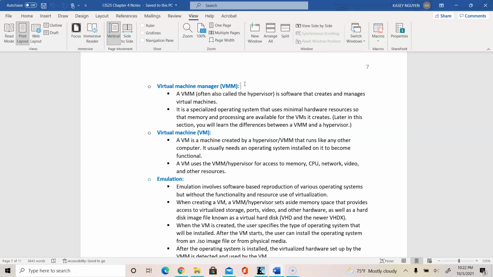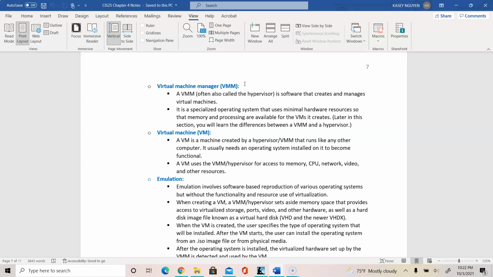And then when you create the virtual machine, which has the operating systems and appropriate applications, it uses the hypervisor to access hardware resources like memory, CPU, network, video, and so on. Those are called virtual machines. And we've done this in our lab where we create virtual machines using Ubuntu Linux and also VirtualBox as the hypervisor.